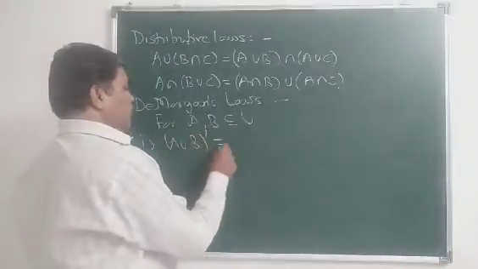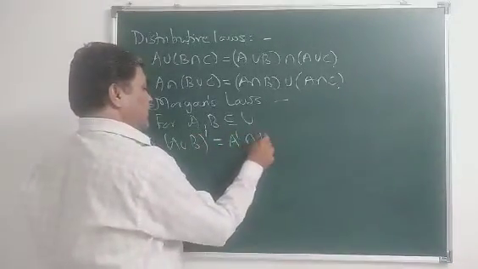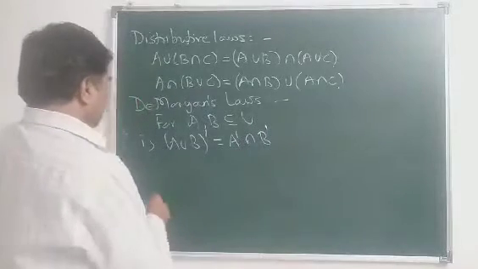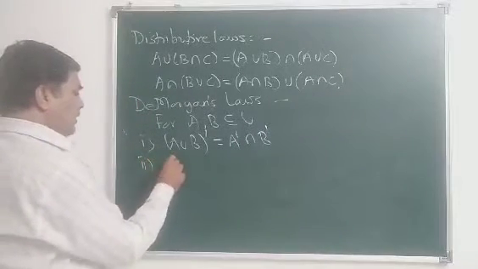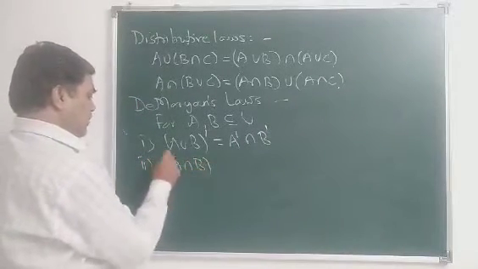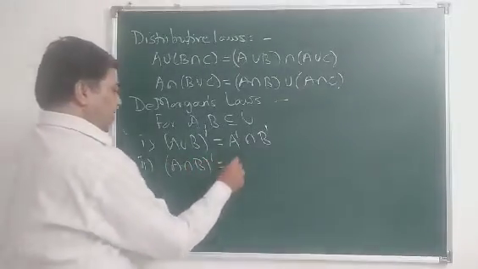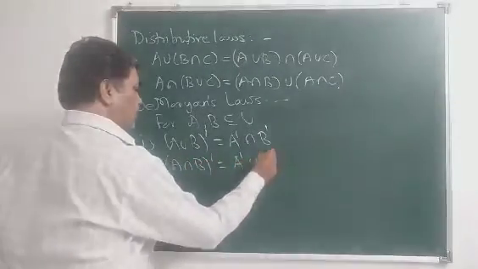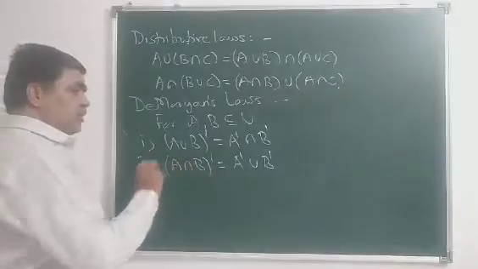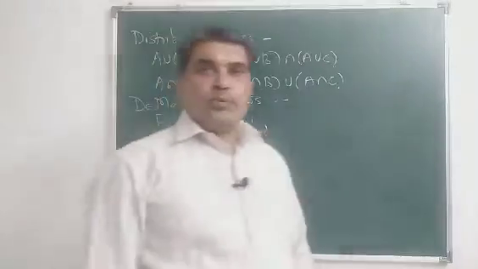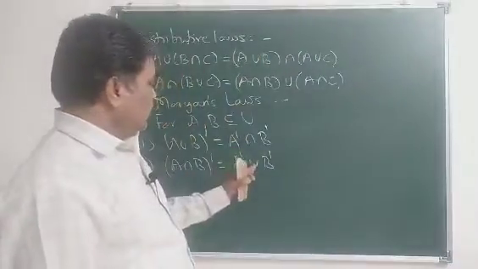Means A union B whole complement is equal to A complement intersection B complement, and second, A intersection B its complement is equal to A complement union B complement. The complement of the intersection of two sets is equal to the union of their complements.